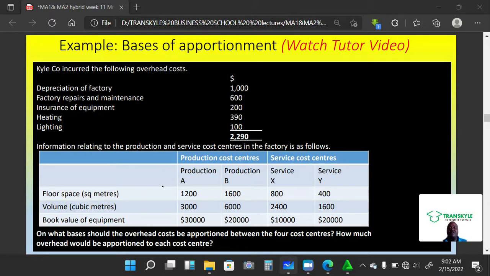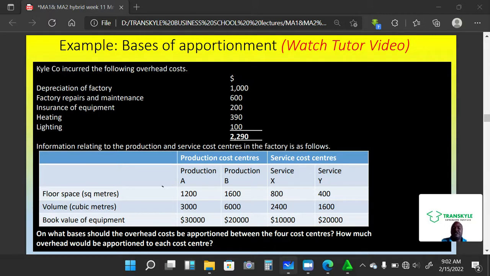Depreciation of factory, 1,000 bucks. Factory repairs and maintenance, 600 bucks. Insurance of equipment, 200. Heating, lighting, and they all give us a total overhead cost of 2,200.